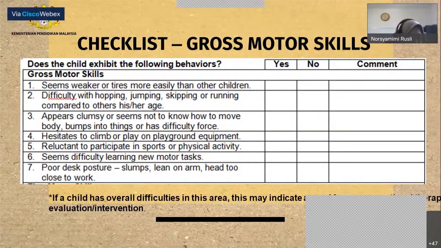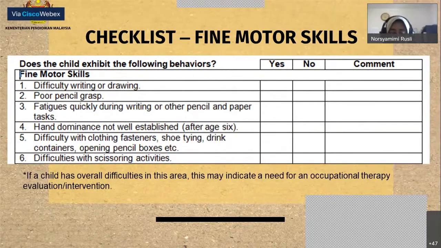This checklist helps teachers observe and identify if there is any gross motor skills difficulty among their students. If a child has overall difficulties in this area, which means the teacher ticks all yes in the boxes, this may indicate a need for occupational therapy evaluation or intervention.